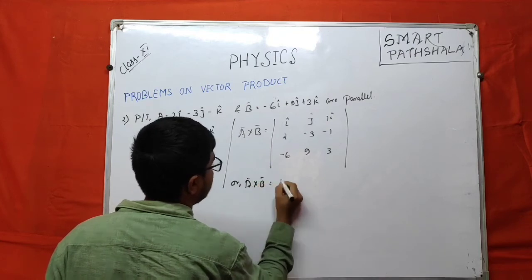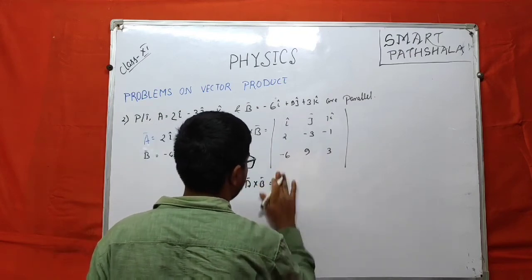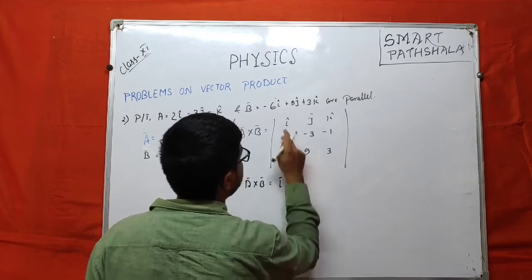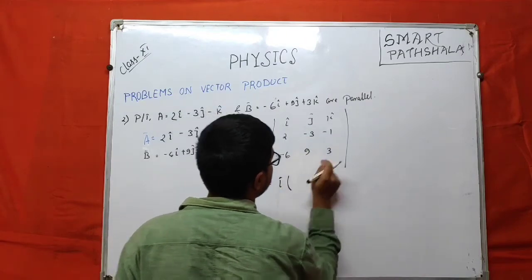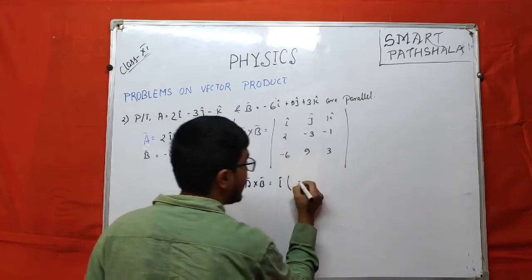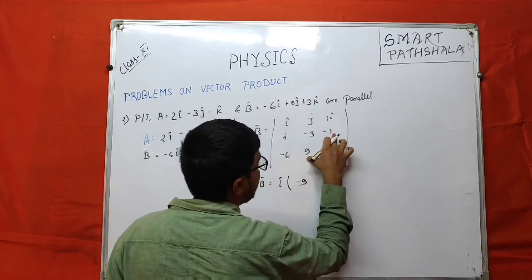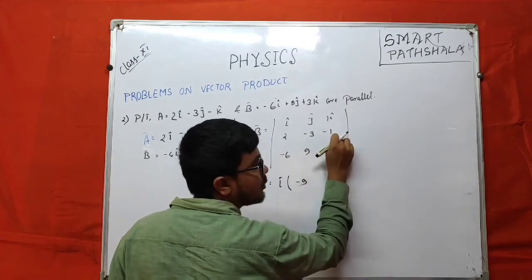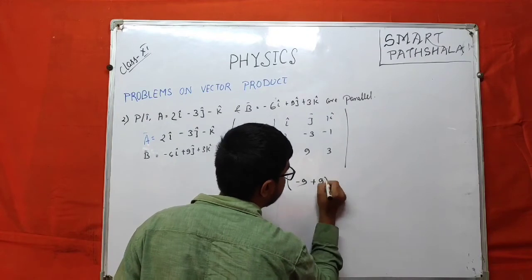So a cross b equals i cap into this, that means 3 into minus 3 minus 9, minus 9 into minus 1, that is plus 9.